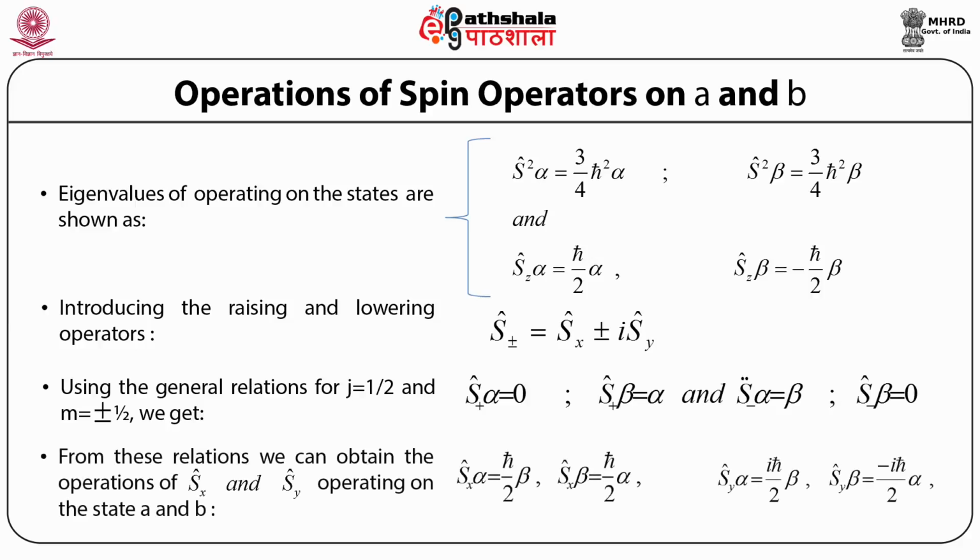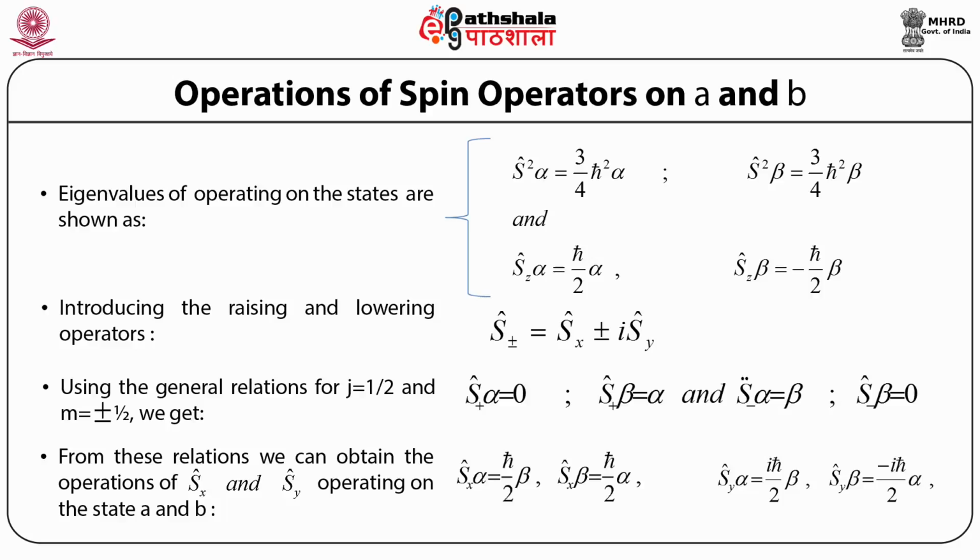So from these relations, we can then obtain the operations of the x component of the spin operator and the y component of the spin operator, that is operator Sx and operator Sy.